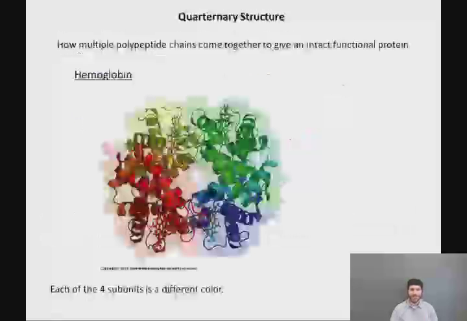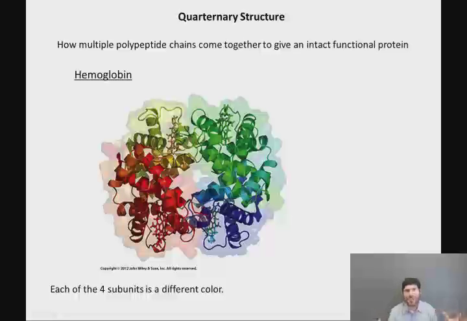And then finally, the quaternary structure is for proteins that are really, really large and contain more than one polypeptide chain. The quaternary structure is simply how multiple polypeptide chains come together to give an intact functional protein. Okay, so depicted here is the structure of hemoglobin, which is a protein that contains 4 different subunits, 4 different polypeptide chains.